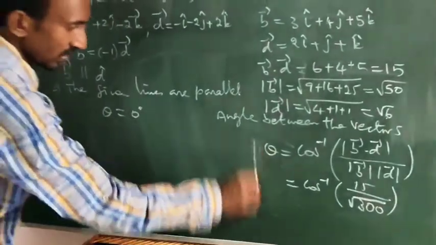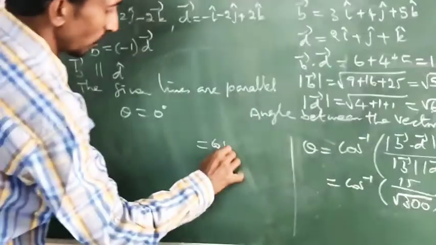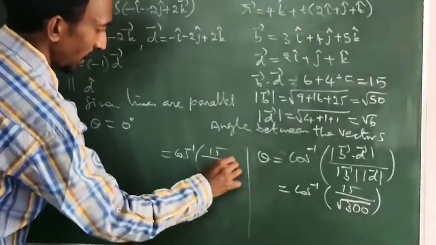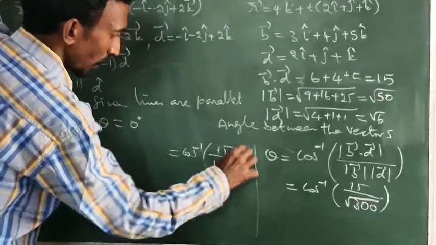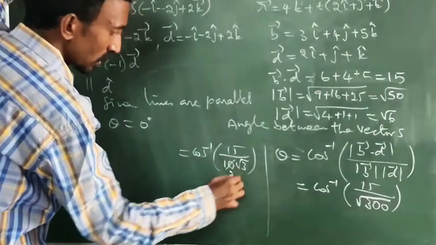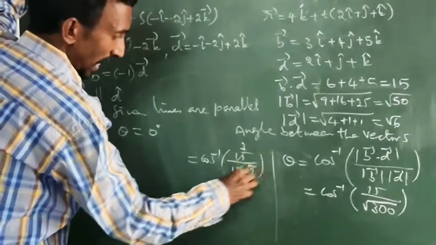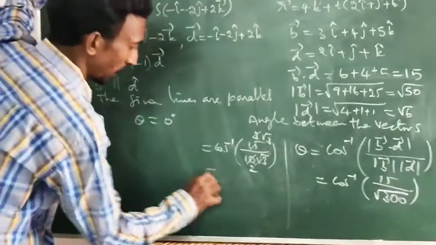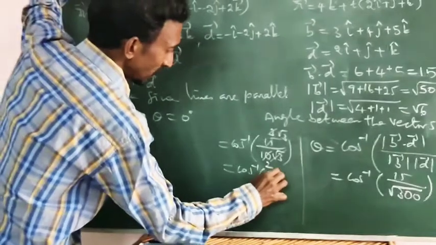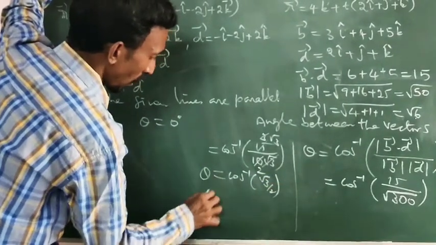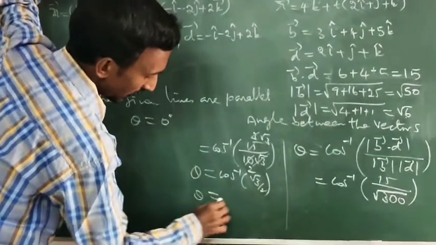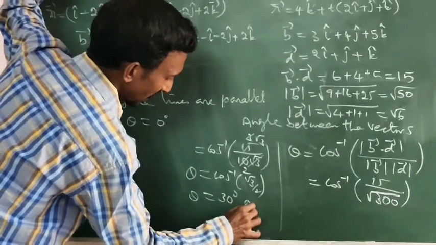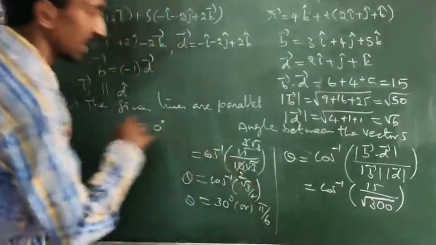So we can write this as cos inverse of 15 by 10 root 3. We cancel by root 3 and we are getting root 3, so cos inverse of root 3 by 2. The angle is 30 degree, or we can write in radian measure as pi by 6.